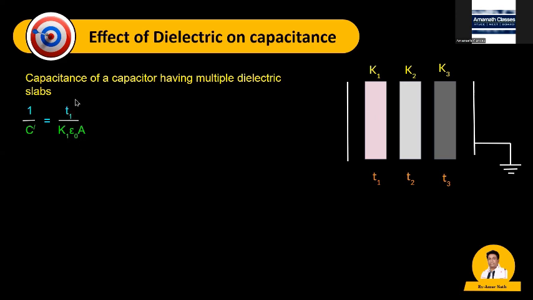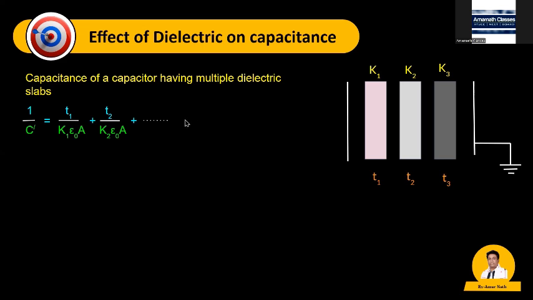That T1 can be written at the top as a numerator, because it is 1 by C. So plus, for the second, again 1 divided by K2 epsilon naught A by T2, and so on. If we have three dielectrics, you have to write 3, 4, like that. So I'm just writing dots.